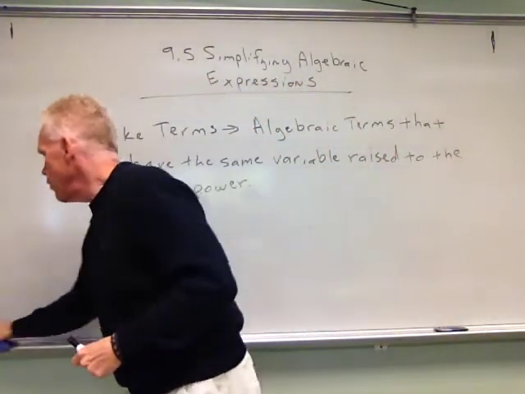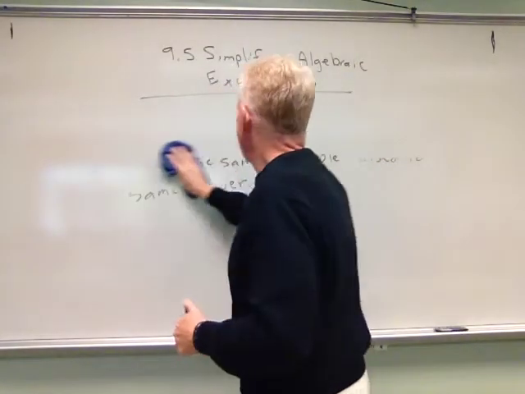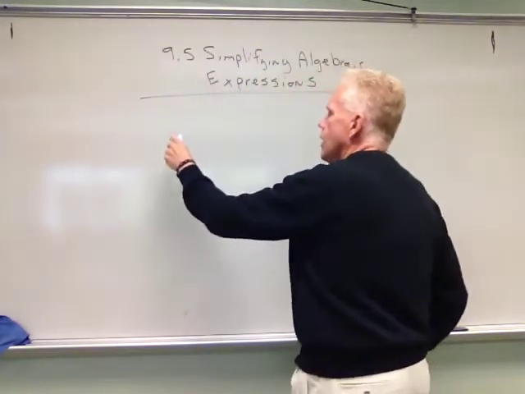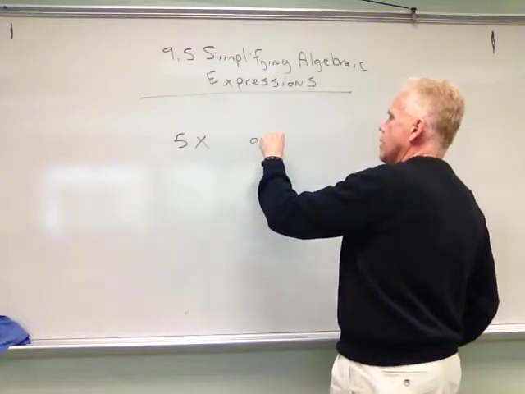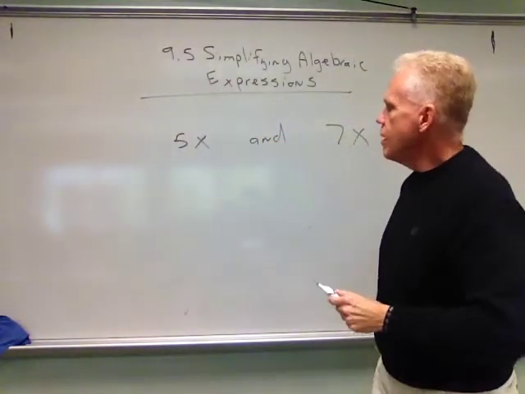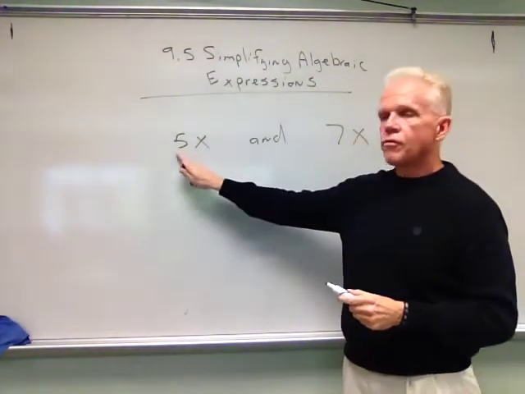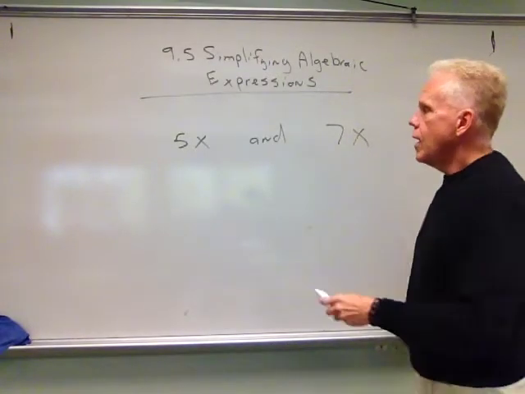Let's give you some examples. 5x and 7x, those are like terms. They both have x to the first power. Notice the coefficients are different from one another, but the variables are the same.